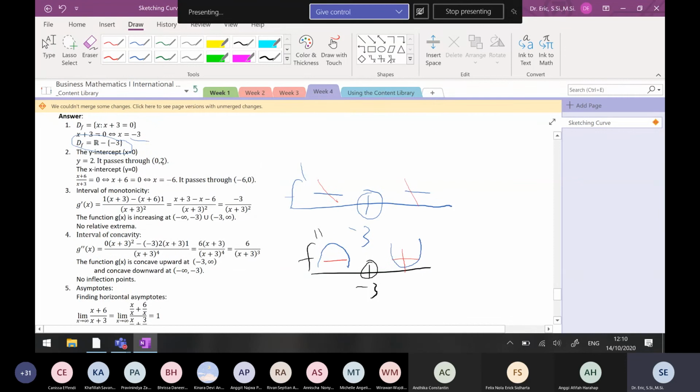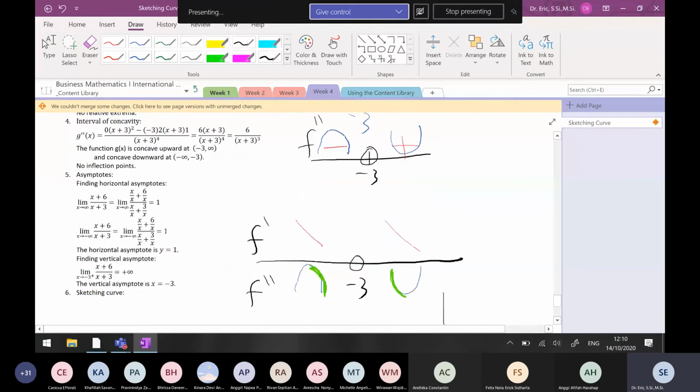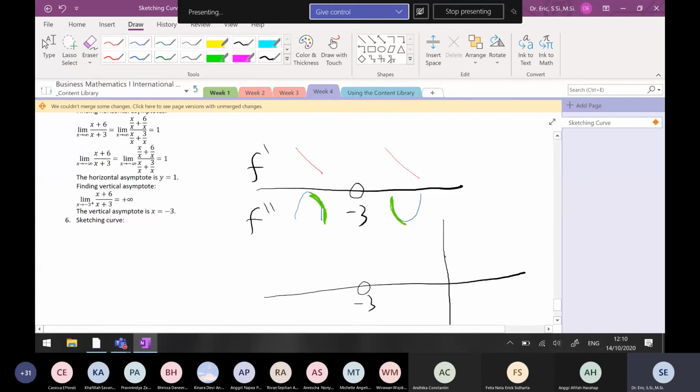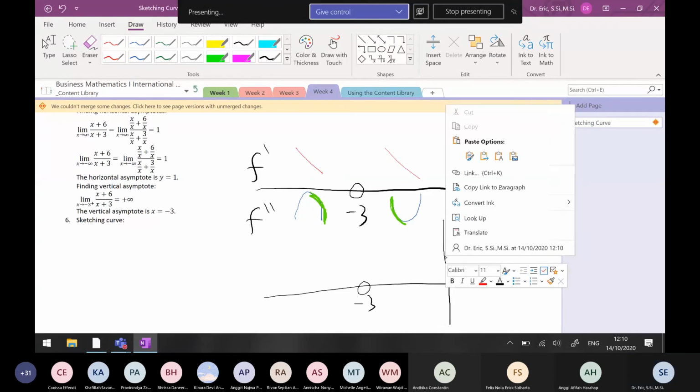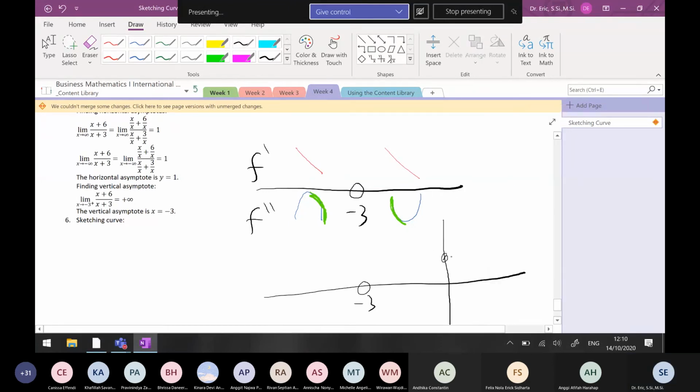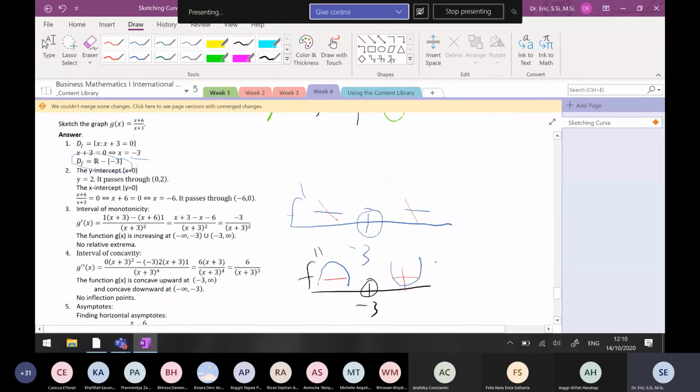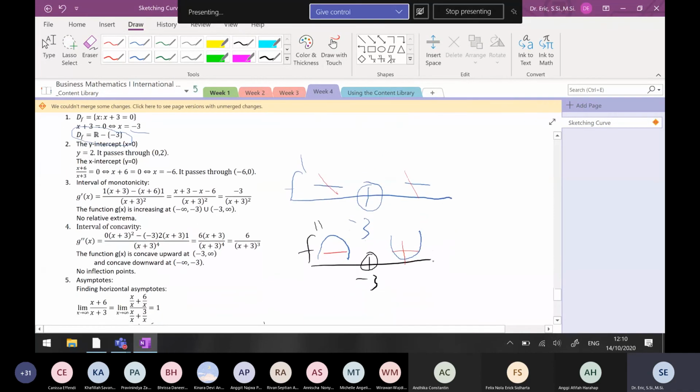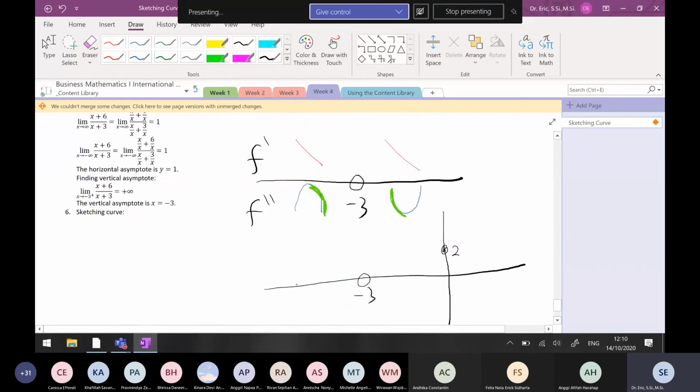The intercept is given by (0,2). I think maybe this one. (0,2), and it passes through (-6,0). I think this one, yeah.